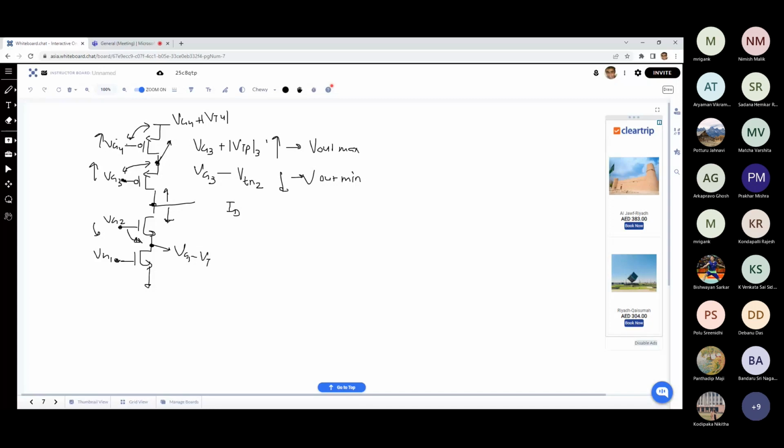If you increase the W by L, ultimately what will happen? Your bandwidth will get affected, because your parasitic capacitances are increasing. This is a very high impedance node. What is R up over here? R up is gm ro square.